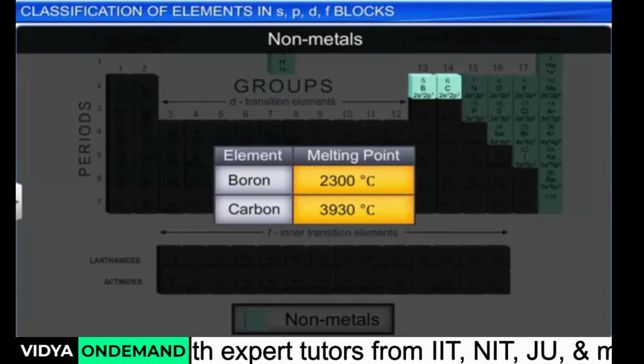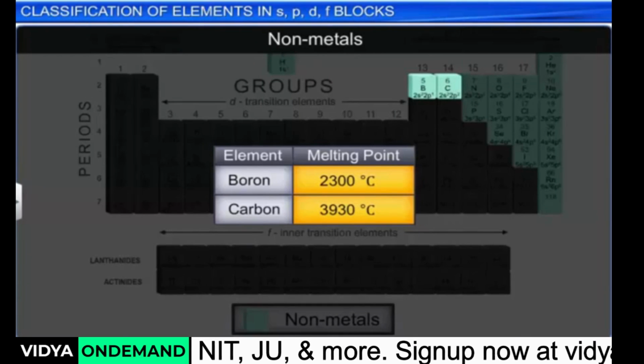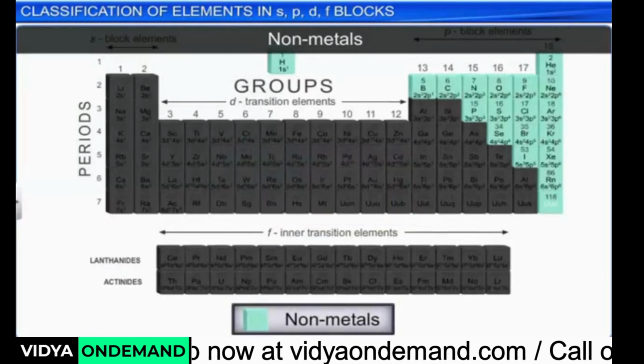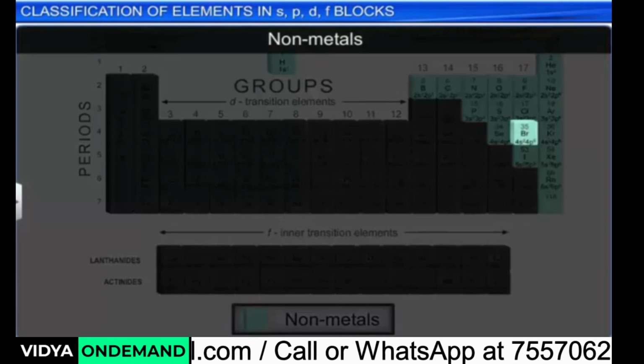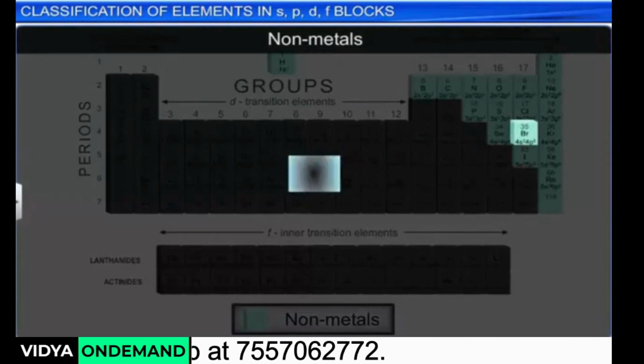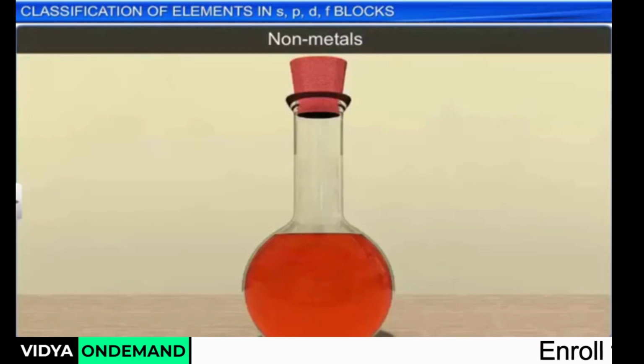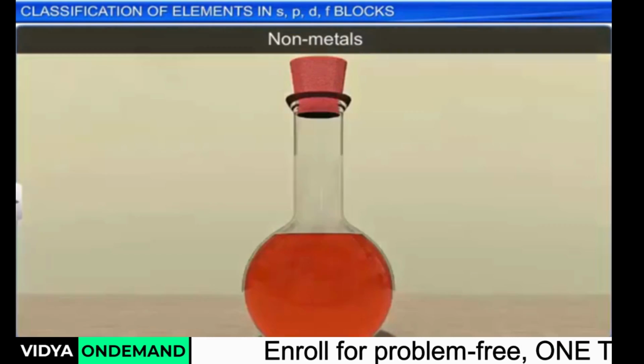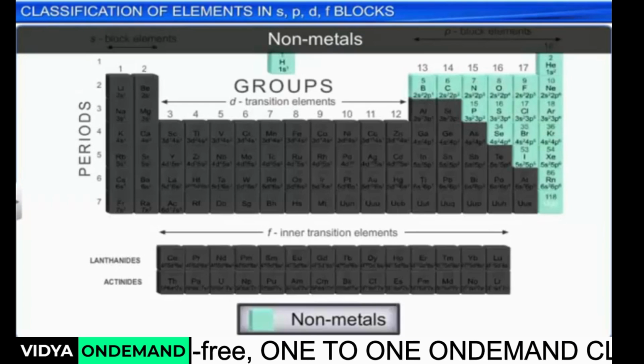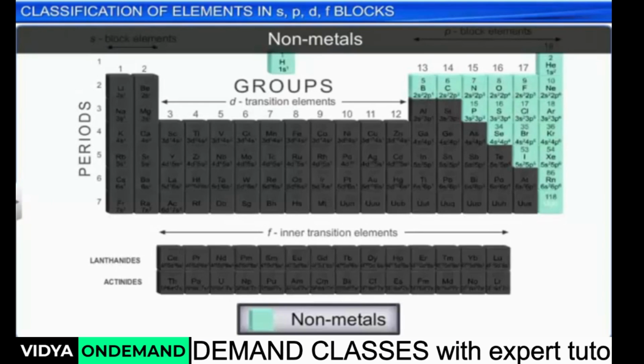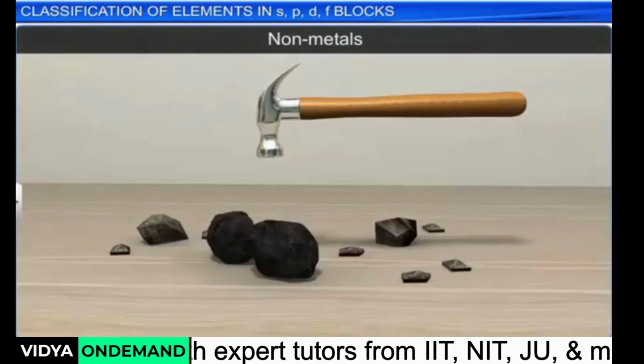It is also important to note that bromine is the only non-metal that exists in liquid state at room temperature. They are poor conductors of heat and electricity. Solid non-metals are brittle, non-malleable, and non-ductile.